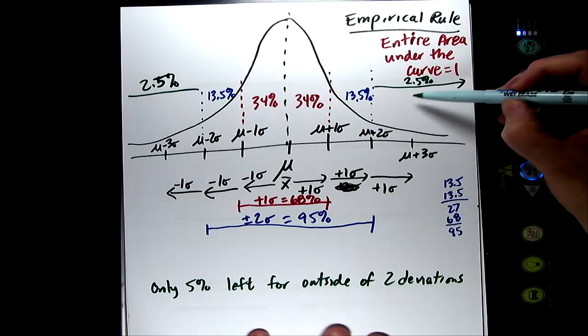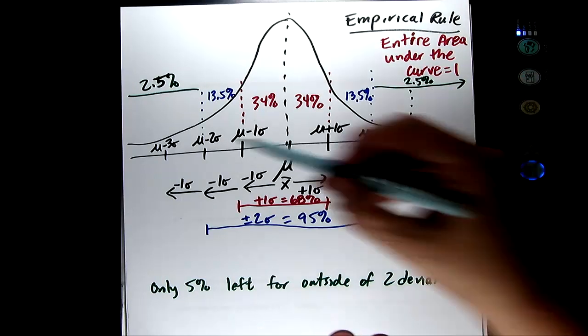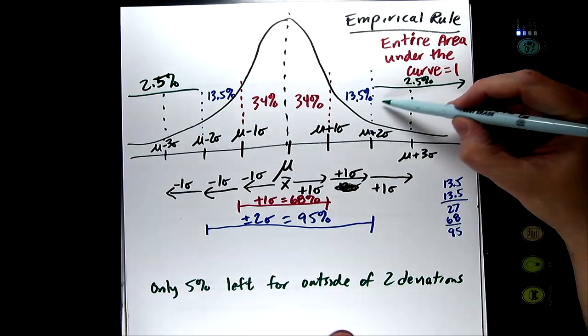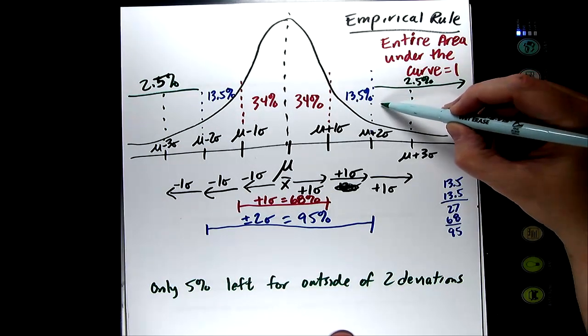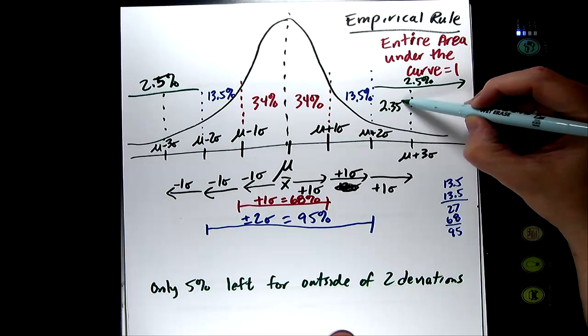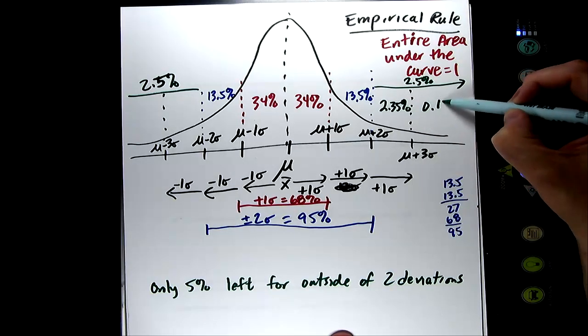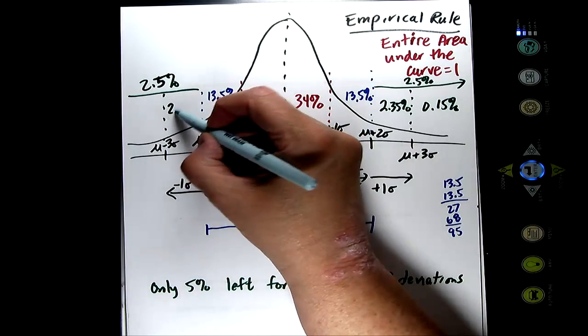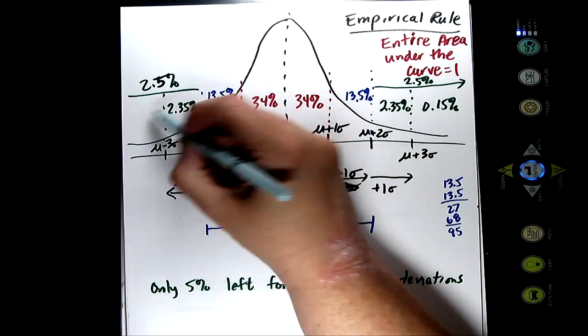What these break down into right here for the 3 deviation marks: this one is 2.35 and this is 0.15. Which means it's the same thing on the other side, 2.35% and 0.15%.